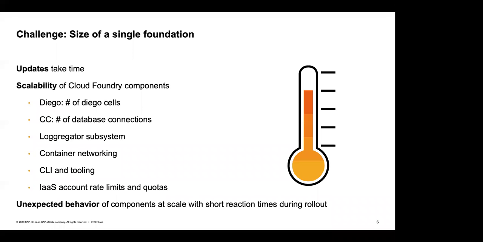And the way BOSH does updates today means that you request the infrastructure layer to create a set of virtual machines, which then, depending on the underlying infrastructure, takes a couple of minutes. Then you bring the software on, you retire the old virtual machines, and then you do that in a rolling update fashion.